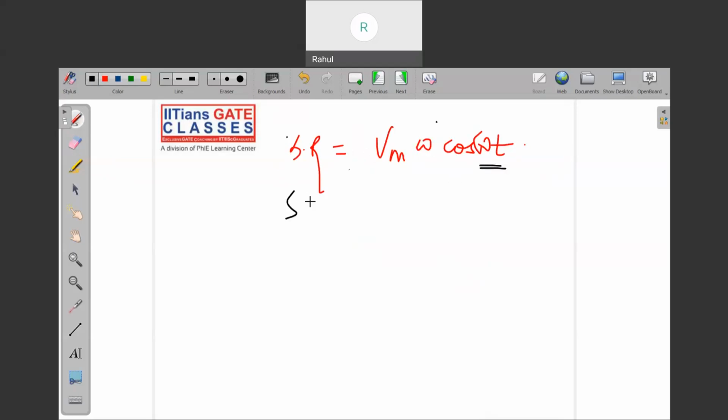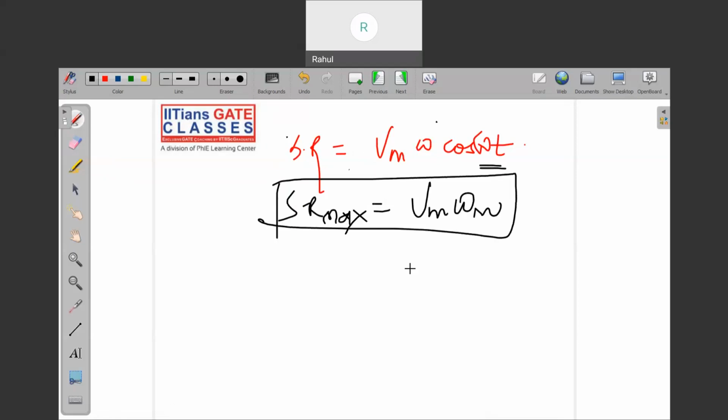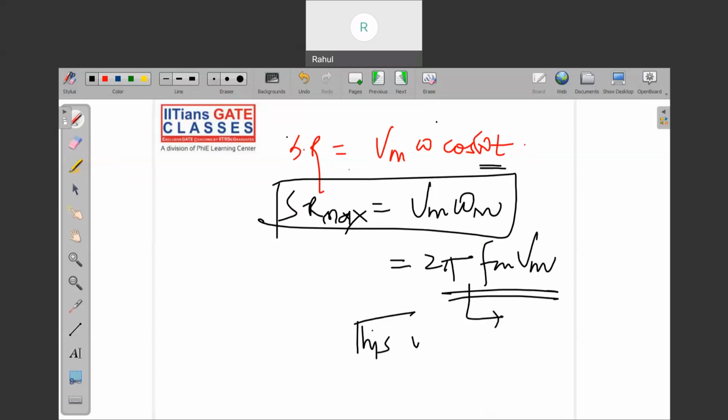So the maximum slew rate will be Vm omega, that is 2 pi Fm times the peak of the input signal Vm. If the gain is 1, this is valid. This is valid for a buffer circuit.